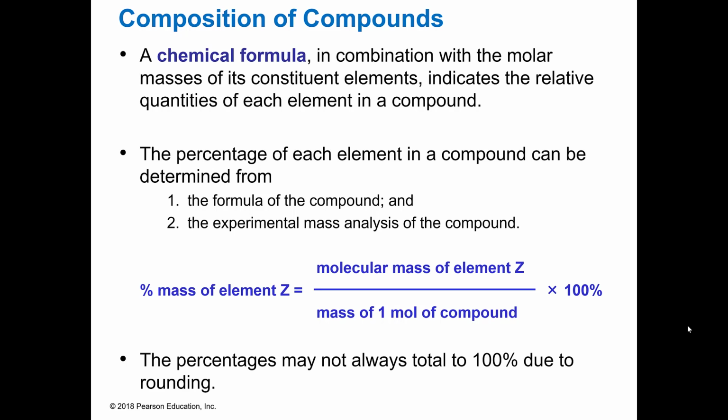In that chemical formula, we have a certain number of elements, like a certain number of carbons and hydrogens and oxygens, and the percent of each one of those elements is equal to the molecular mass of that element divided by the total mass of the compound times 100. Sometimes because of rounding and calculating issues, it may be 99.9. That's okay, that's just a rounding thing, so don't worry about that.